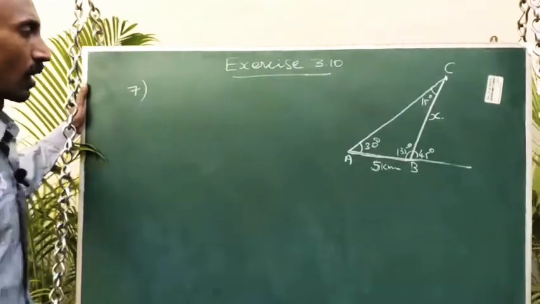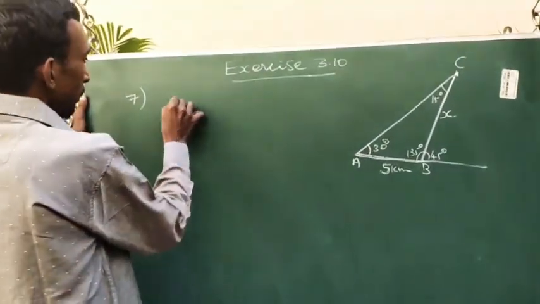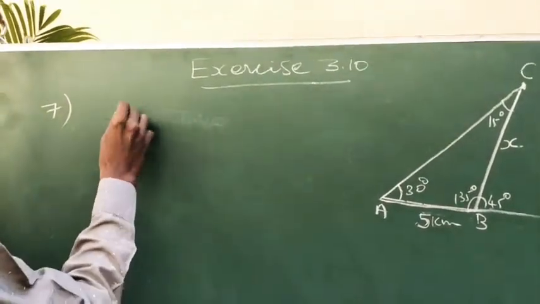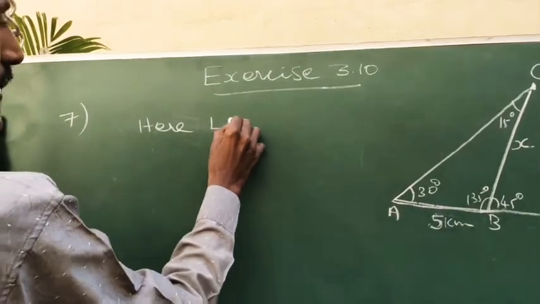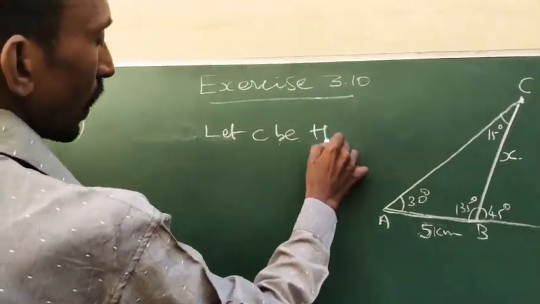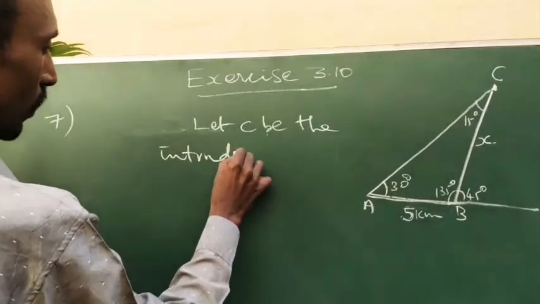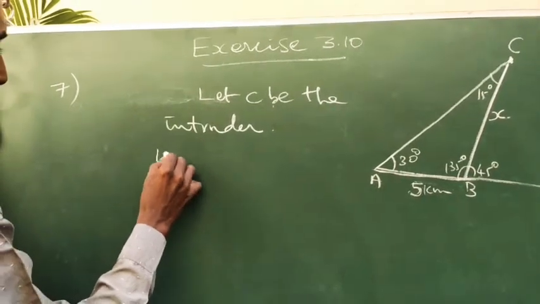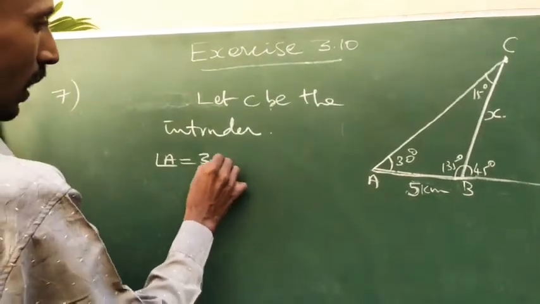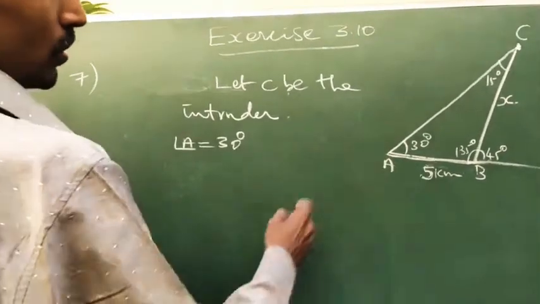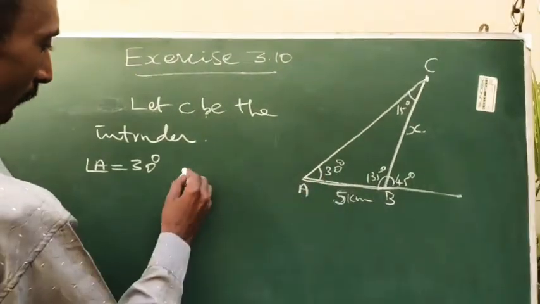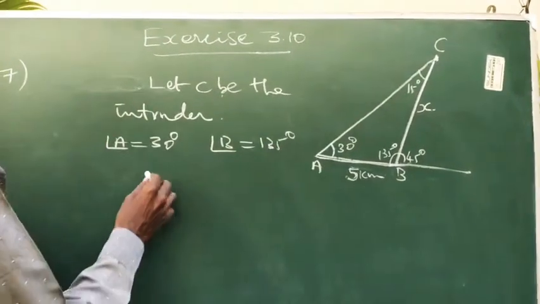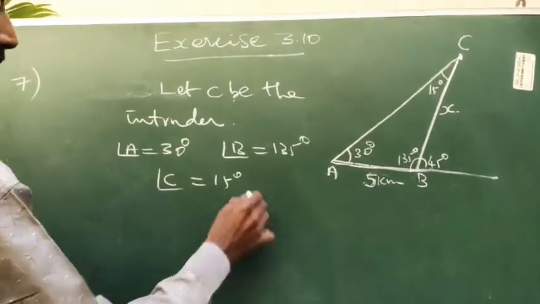Question number 7. Here A and here B, let C be the intruder. Angle A equal to 30 degrees, so we are getting angle B equal to 135 degrees, and angle C equal to 15 degrees.